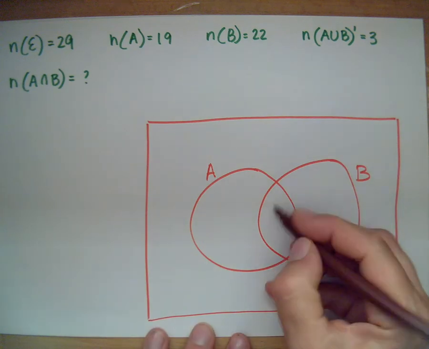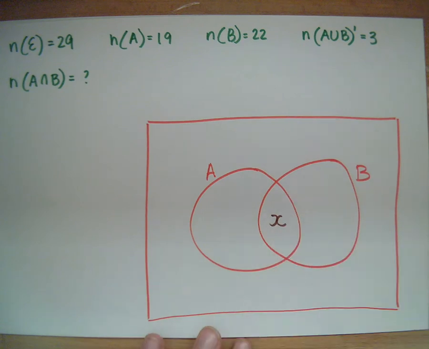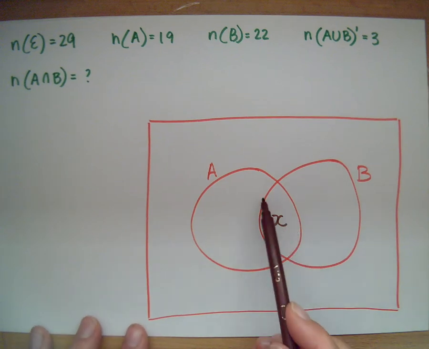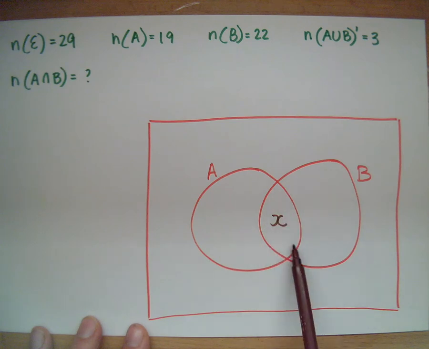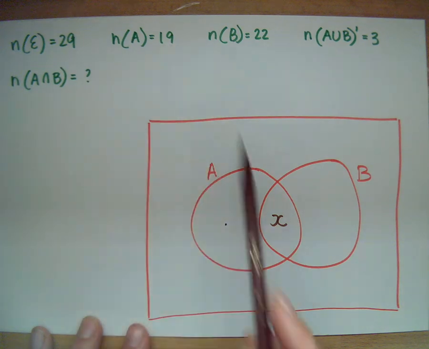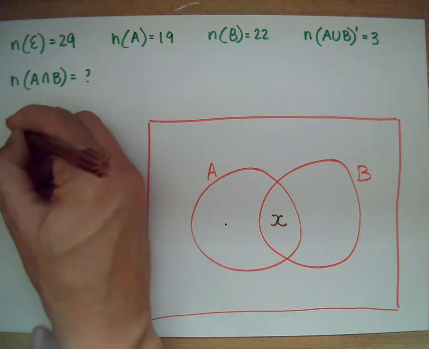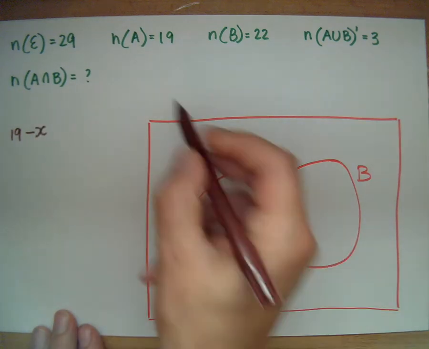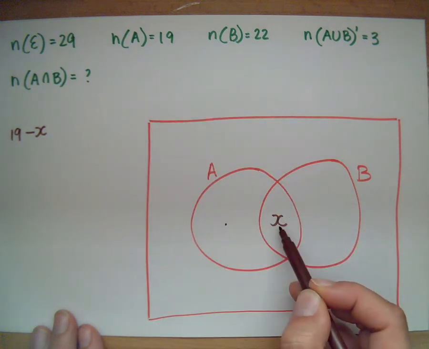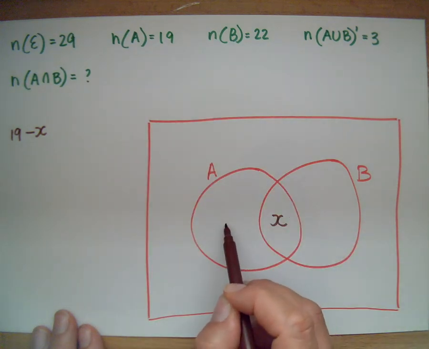We are being asked to find this number. We're going to call that x. X is the number of students that study both art and biology. The number of students that study art but not biology, so the number that goes in here is going to be this 19 total minus x, right? 19, which is the total art students, minus x is going to be the number that goes in here.